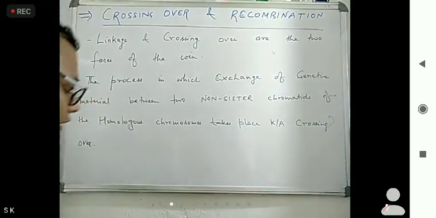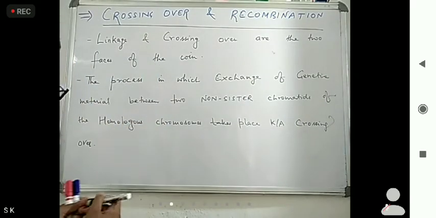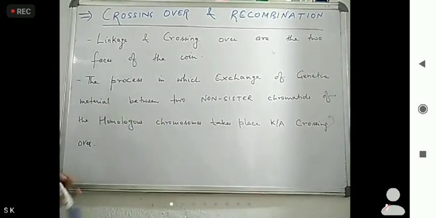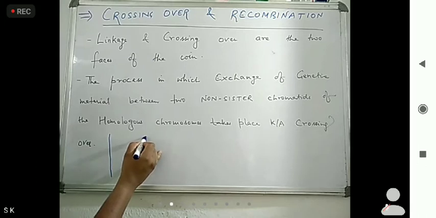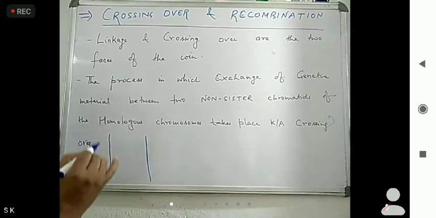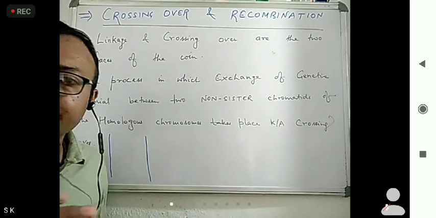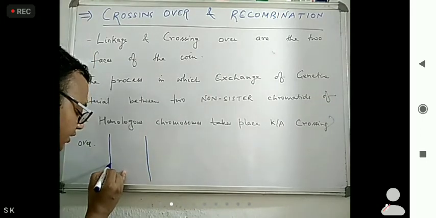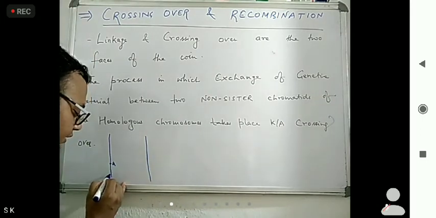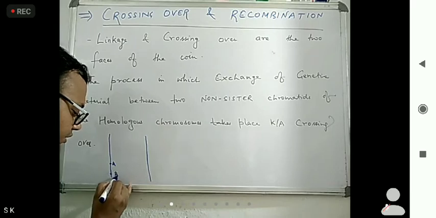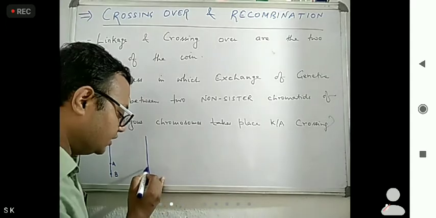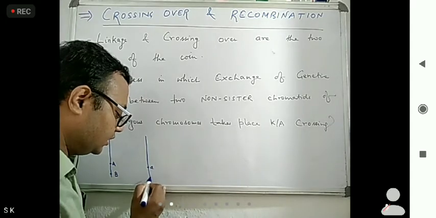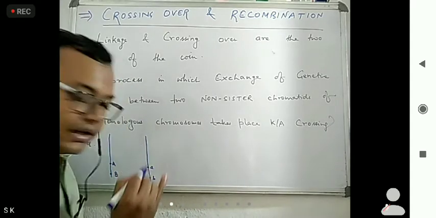So one by one, we will see how it takes place. This is a chromosome containing what? Linked genes. Just for example, this is A, this is B. Two dominant alleles are there. Similarly, we will see their homologous pair, so recessive alleles are there.